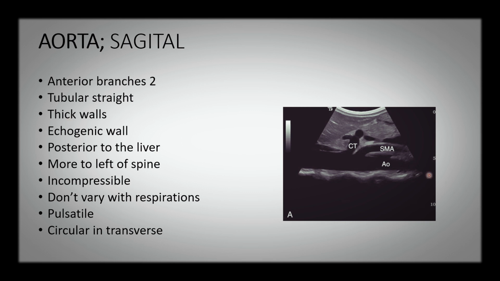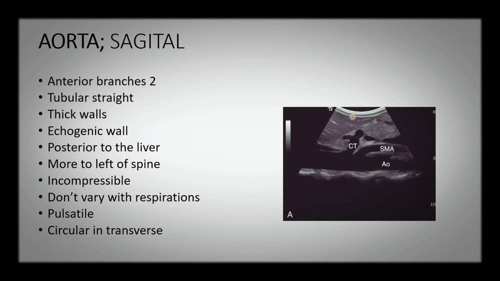So this is a sagittal view of the abdominal aorta, showing these two main branches, the celiac trunk and the superior mesenteric artery. The aorta is a tubular straight structure with thick walls, which are echogenic, hyperechoic. It lies posterior to the liver.